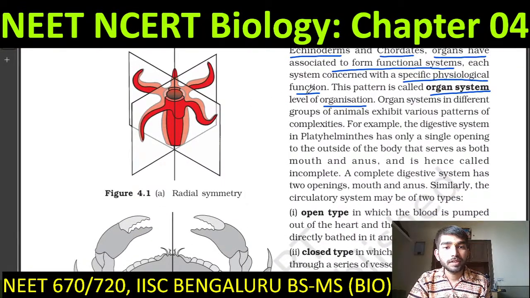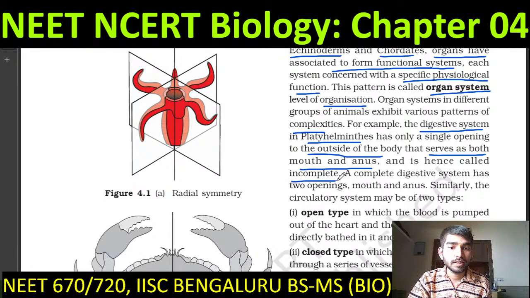Organ systems in different groups of animals exhibit various patterns of complexities. For example, the digestive system in platyhelminths has only a single opening to the outside of the body that serves as both mouth and anus, and hence it is incomplete. This is again an important point, incomplete digestive system. What does it mean?